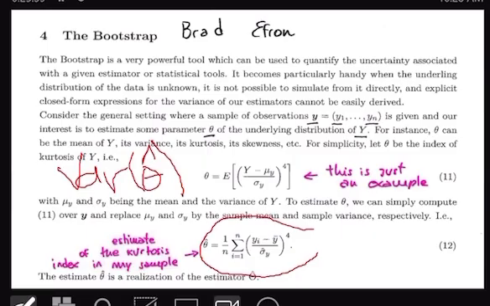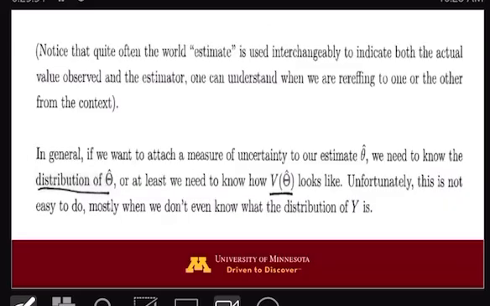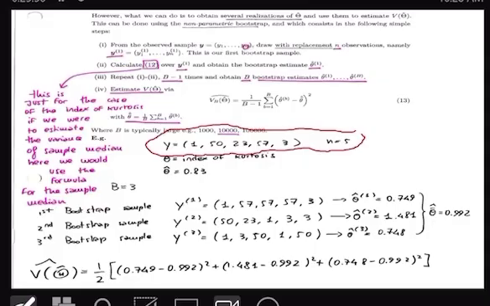Plug that in, subtract the mean from the respective data, raise it to the power 4, sum it, and divide by n. That will give you an initial value of 0.83.